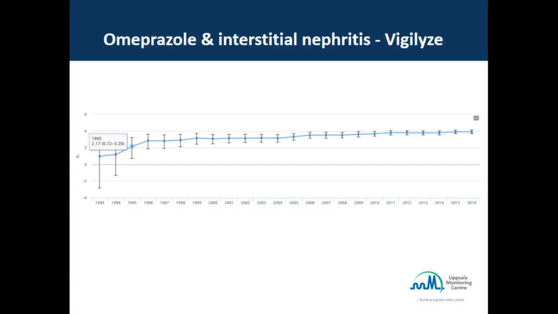The next year it's going up a bit, but it's still not statistically prominent. And then the following year in 95, you see that with those 15 reports, the lower border has gone above 0, and you have this IC value of 2.17, which is reasonably strong.